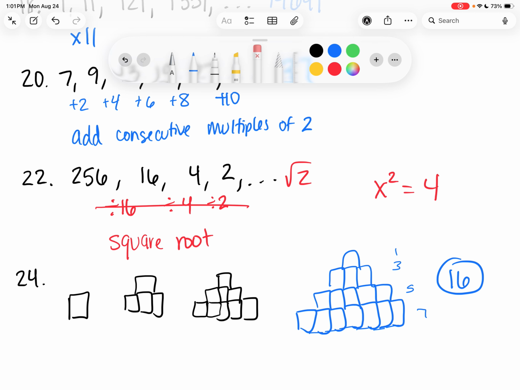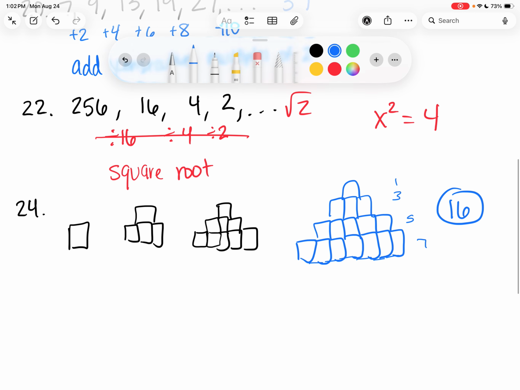I'm deciding I don't want to do this one. Gonna skip that one.